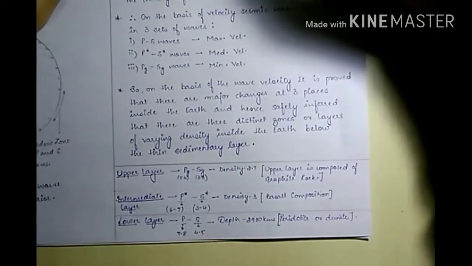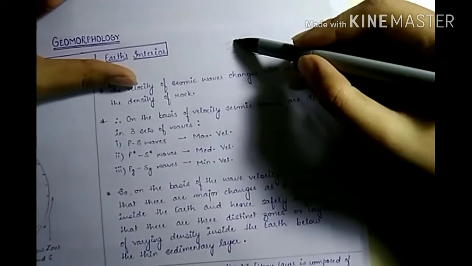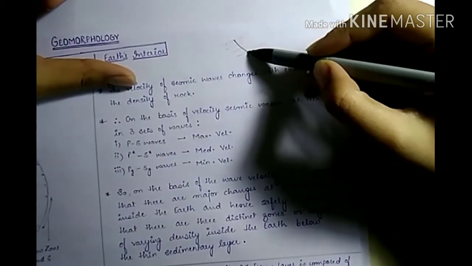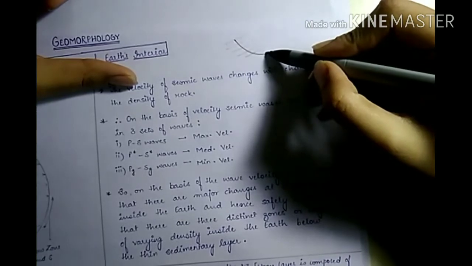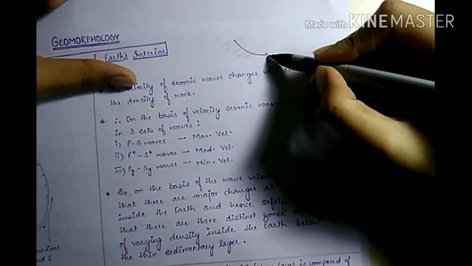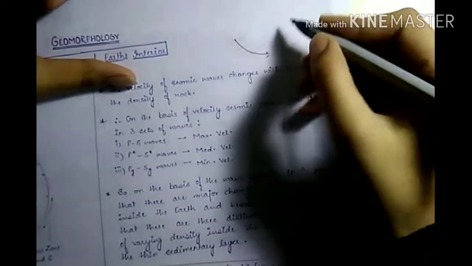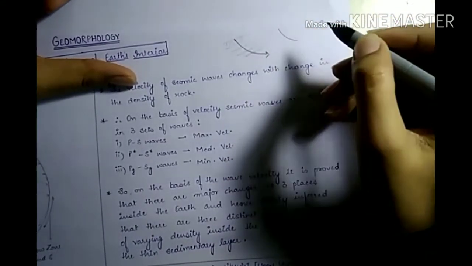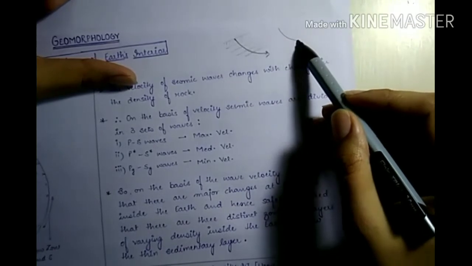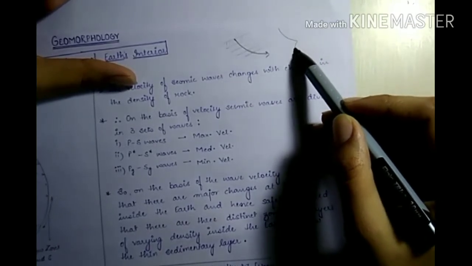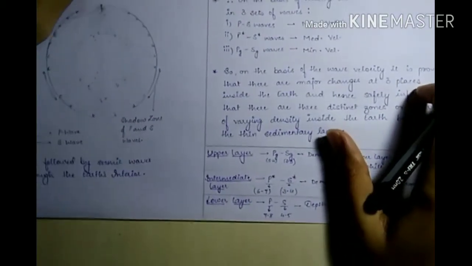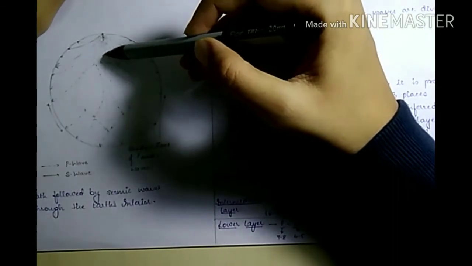Though the waves were following, means they were not straight, but there was a continuity. Okay, but at three places their direction suddenly or abruptly changed. Okay, like we can see here. Firstly, the wave is moving like this.